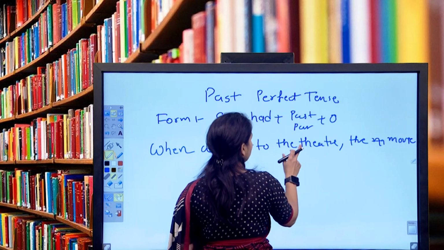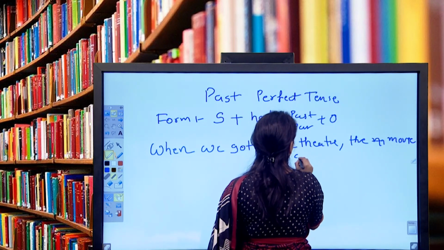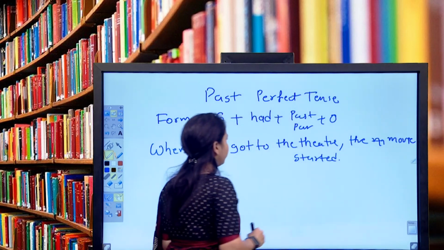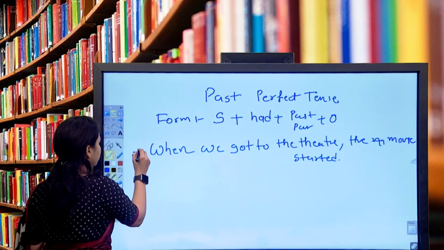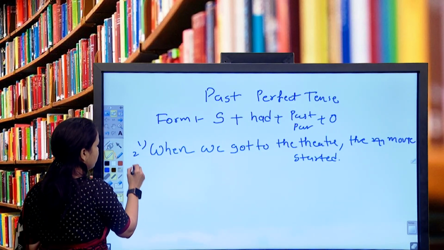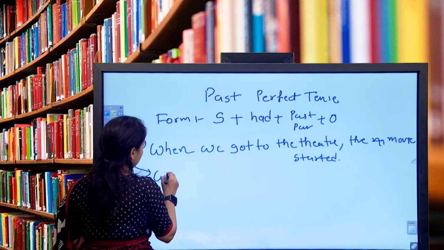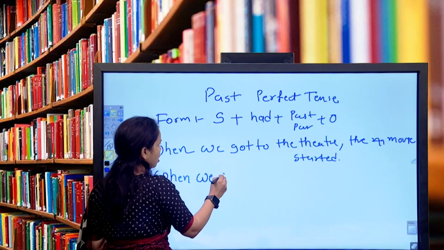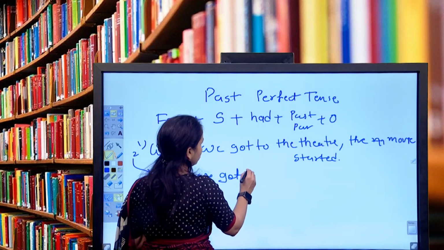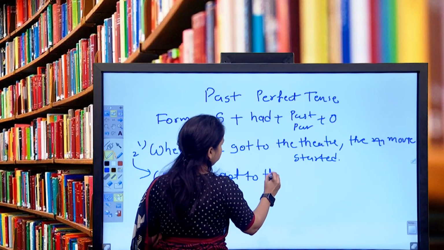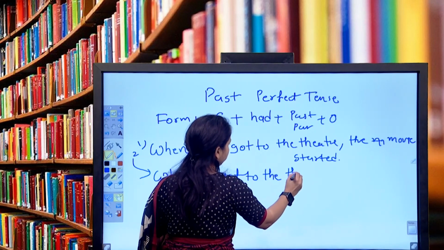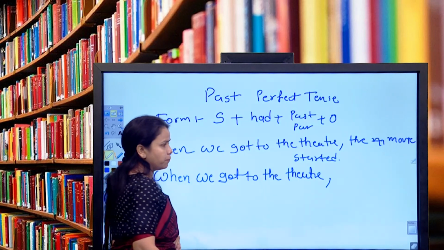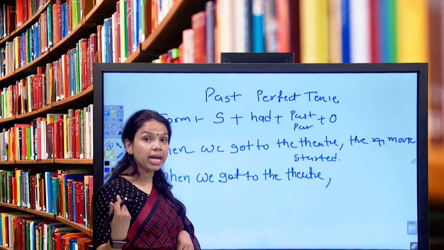When we got to the theatre, the movie started. The second sentence, this is the first. The second sentence is, when we got to the theatre, the movie had started.